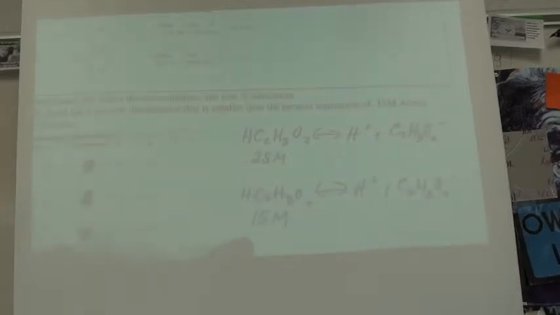If you have a weak acid, let's say my favorite, acetic acid, and it dissociates in this fashion, if you have an initial concentration of 0.25 molar, and you figure out the percent dissociation based on that, and then you have the same acid at a lower concentration, you will find that this one will dissociate more than this one will.